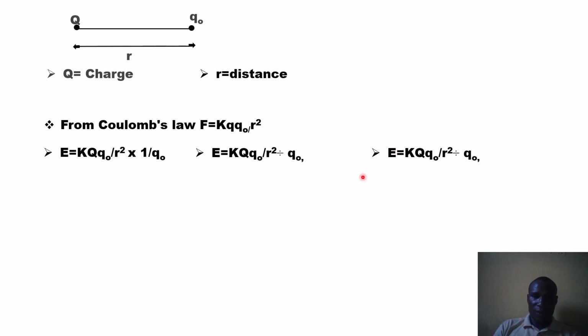From here, don't forget our E, the electric field intensity, is F over Q. So if we replace this F by this formula, it will give us K times this, divided by this, then divided by the Q. When you invert this division, we end up having this.